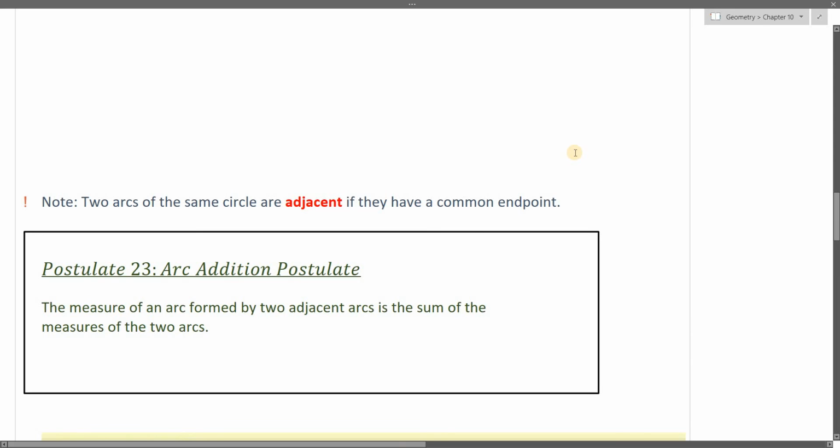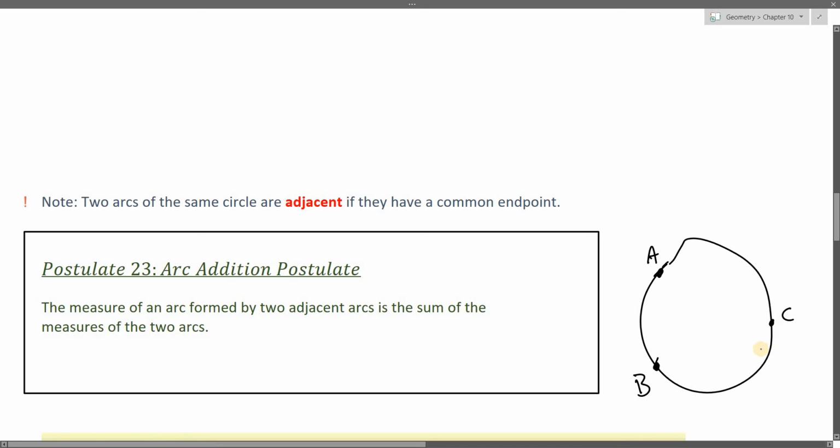All right, so they give us on the side there a circle. Let's see how I do here, drawing my own circle. It was okay. And so I've got a point here that is A. I've got a point over here that is B. And I've got a point over here that is C. Well, again, what they're saying is that if I wanted to find arc ABC, you could say that arc ABC is essentially the addition of arc AB.